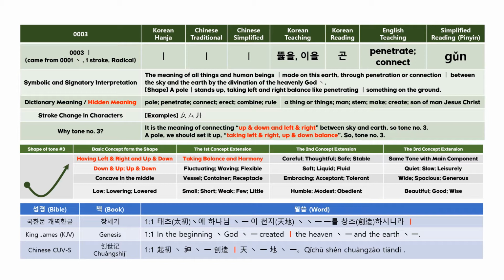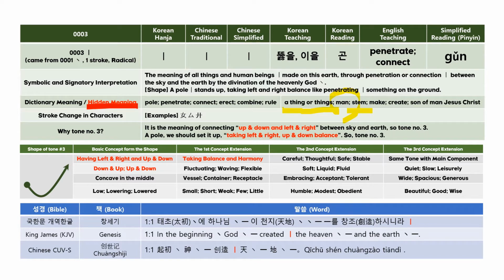The hidden meaning is very important for the further learning and study of complicated Chinese characters and Korean Hanja. The hidden meanings are a thing or things, man.